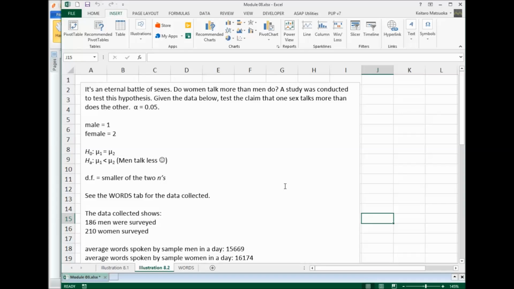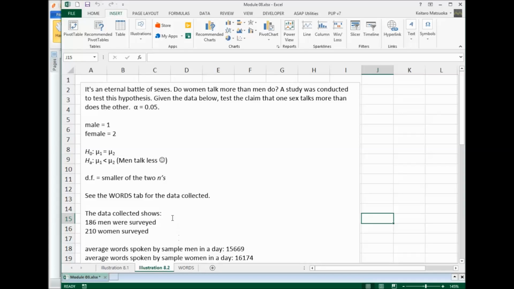How the study was done is that somebody counted the number of words a man talks in one day and counted the number of words a female talks in one day. So that's why we use the averages. So we took the average of many different men and many different women.